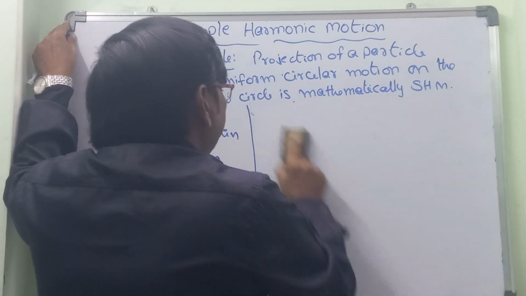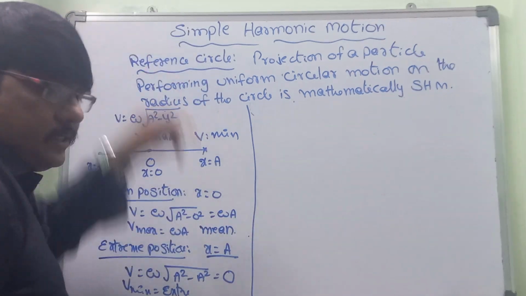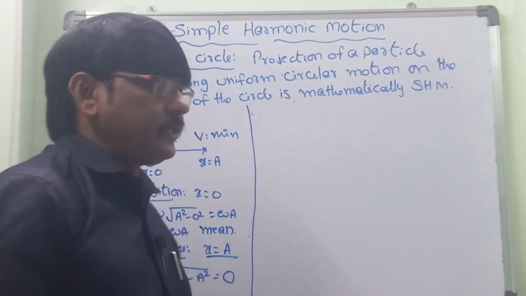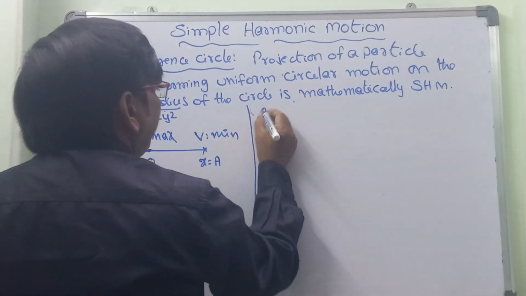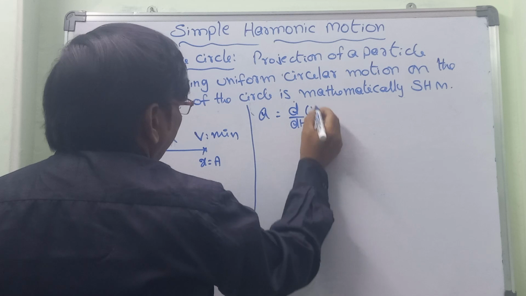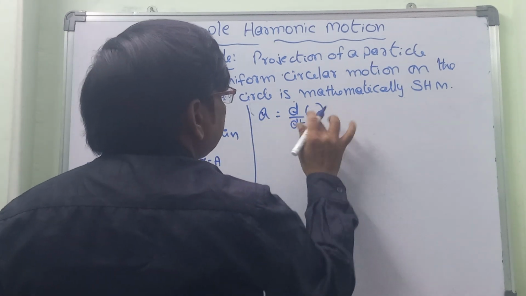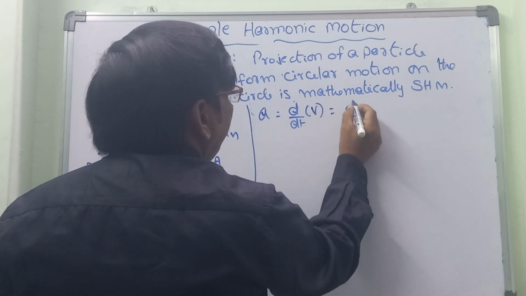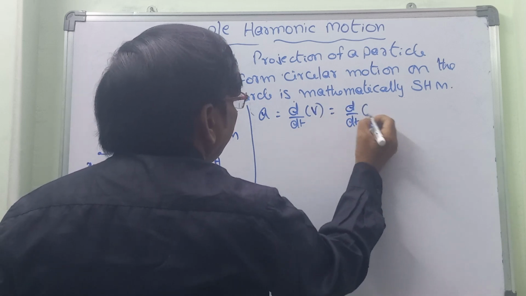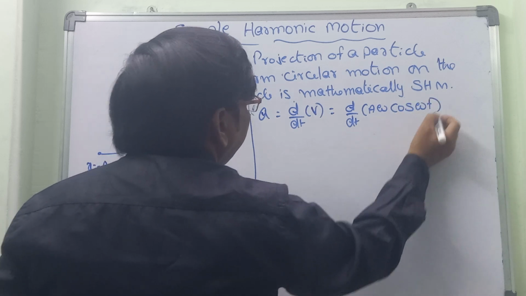Rate of change of velocity, or differentiation of velocity gives us acceleration. So here acceleration a is equal to d by dt of the velocity, so that is d by dt of a omega cos omega t we have.